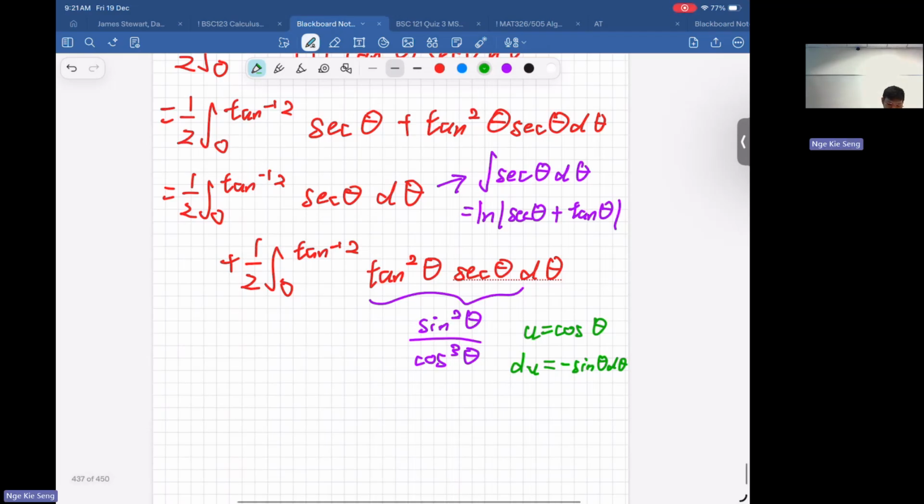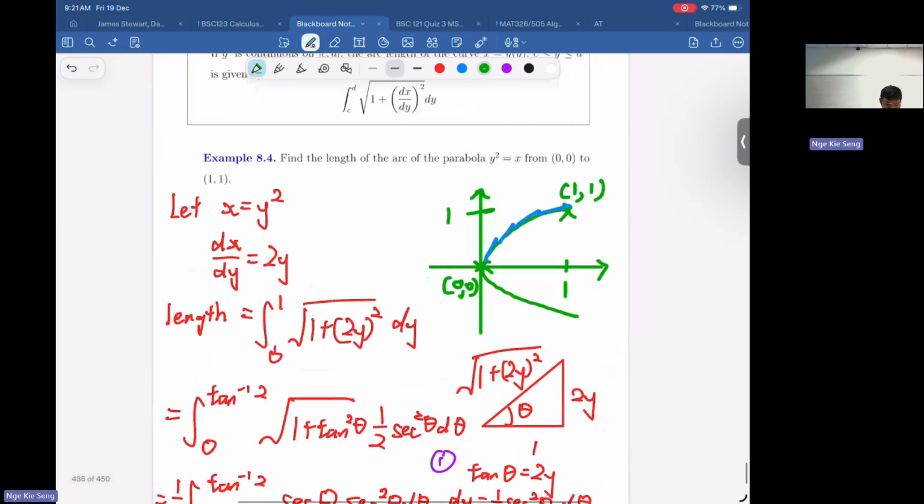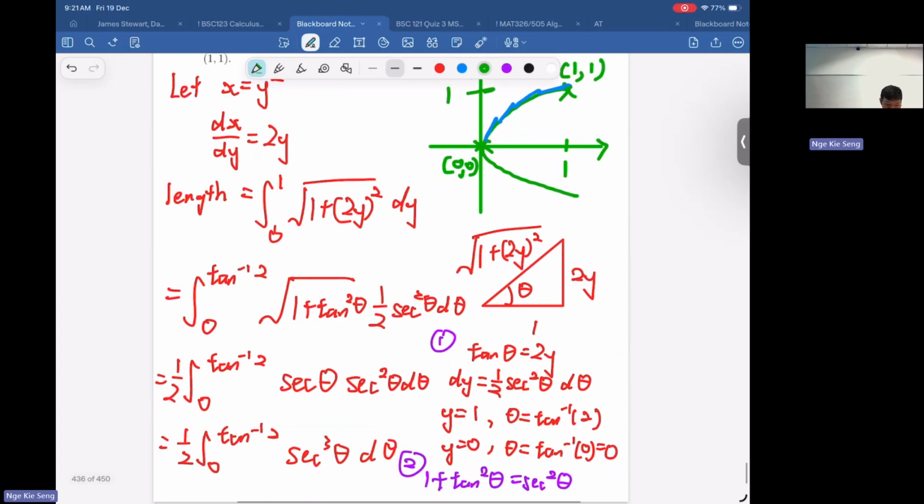What if you substitute sine? What do you get? It's supposed to be so tedious. Let me just check.